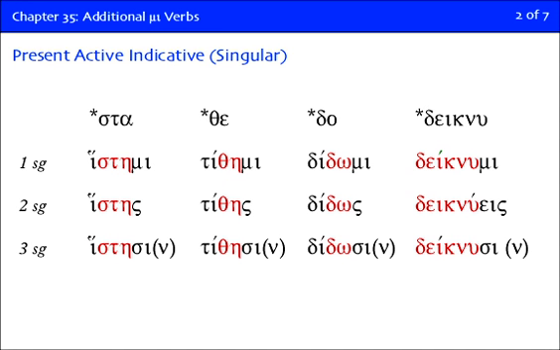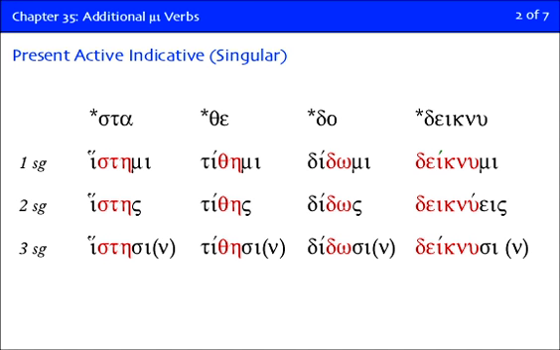Mi verbs are categorized on the basis of the final stem vowel, just like contract verbs. And so what we've looked at are omicron class mi verbs. Dideomi, didos, didosi, that kind of stuff. What you're going to find is that the mi verbs in the other classes behave just like Dideomi does, except for the differences of the vowel.